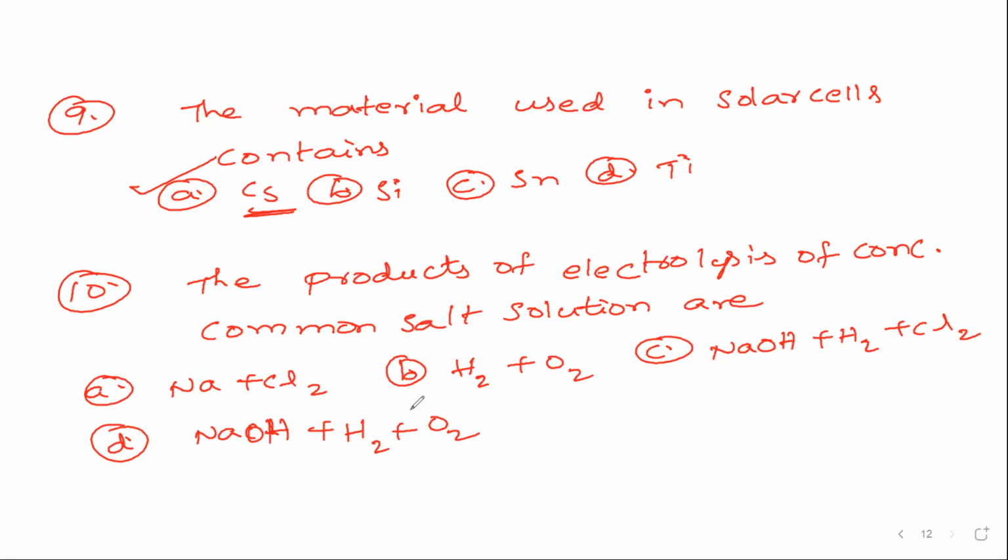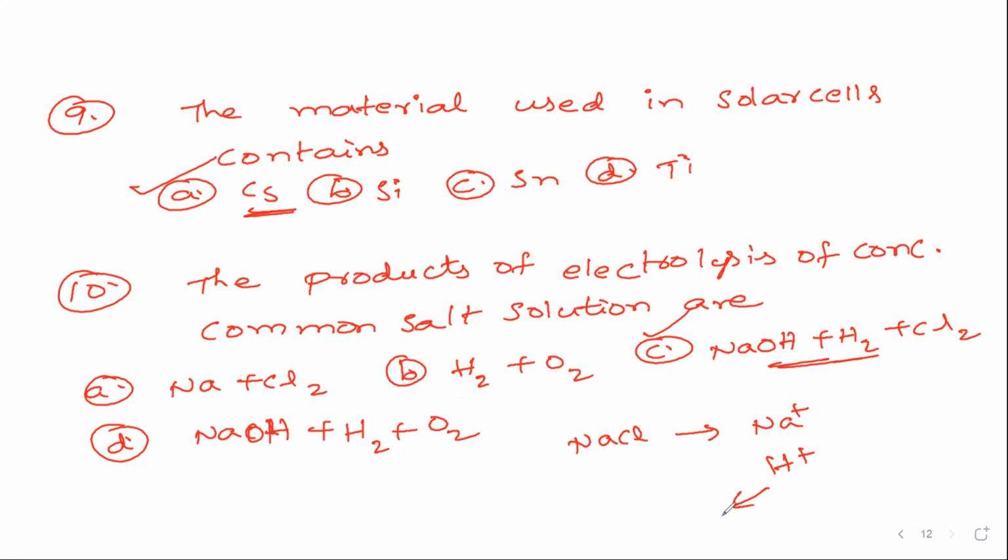The products of electrolysis of concentrated common salt solution are NaOH plus H2 plus Cl2. Why? When you take concentrated sodium chloride and electrolyze it, it forms sodium ions as well as H plus ions.